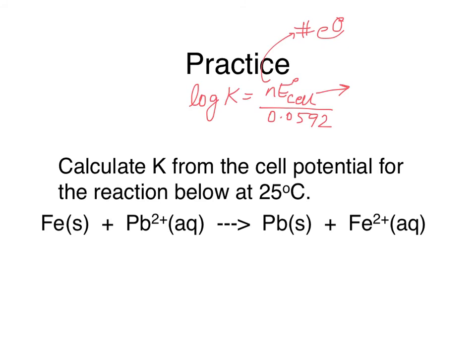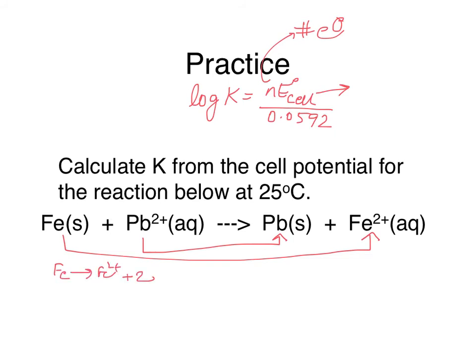So notice Pb2 plus is becoming Pb, Fe is becoming Fe2 plus. So it looks like my equations are Fe going to Fe2 plus plus 2 electrons, and Pb2 plus is gaining the 2 electrons. So the 2 and 2 will cancel off, and when you add the two, they're going to give you the equation that we are talking about. So that means the value of n here is 2. Let's talk about the E naught cell.